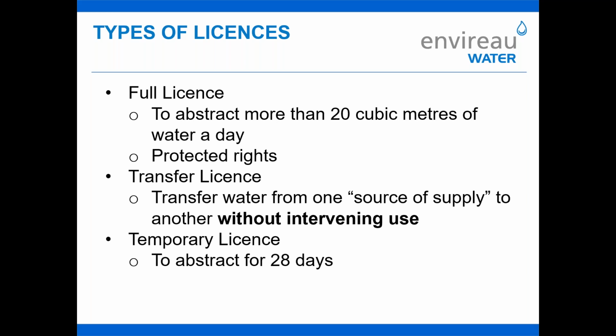So it is what it says on the tin. You're transferring water, you're getting rid of it because you don't want it in one place and you're putting it somewhere that doesn't bother you, without any intervening use. The transfer license comes with no protected rights. Why would it? The water is essentially a nuisance for you.